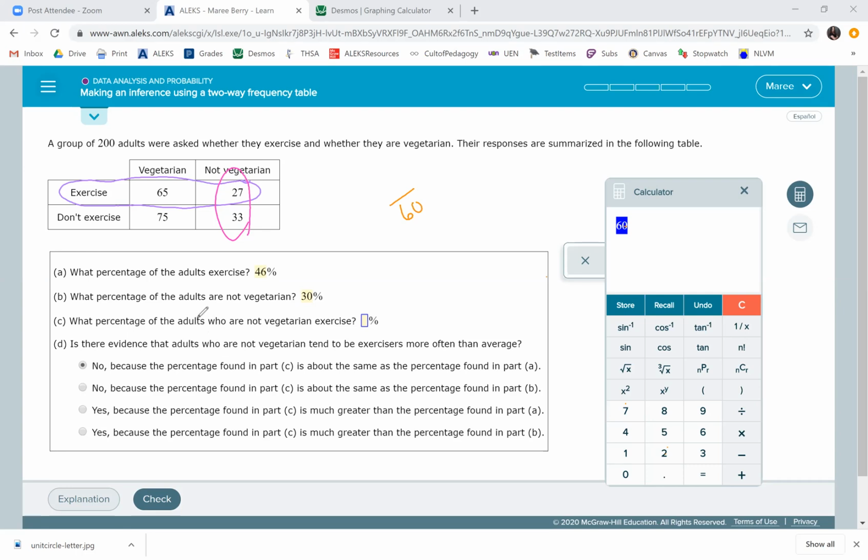And we want to know the percentage that exercise, so that's going to be 27. So we want to do 27 divided by 60. And then we're going to have to times that by 100 to get 45.